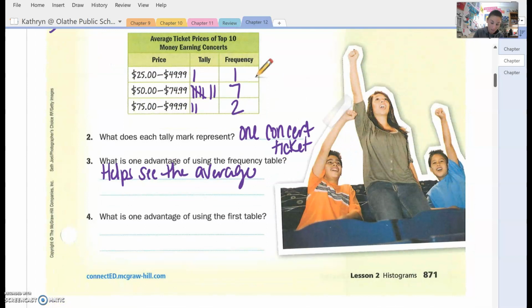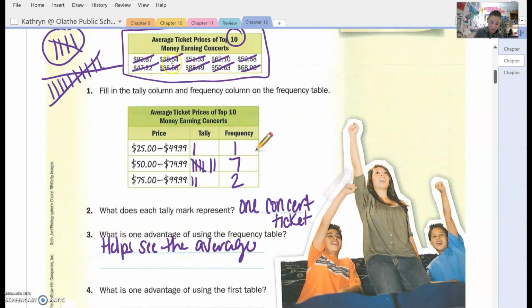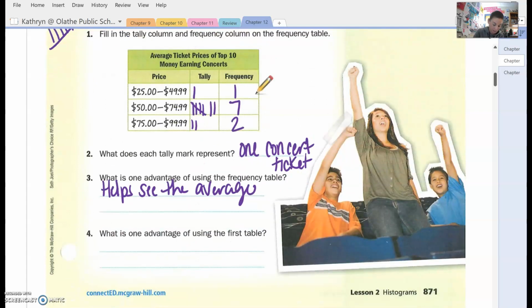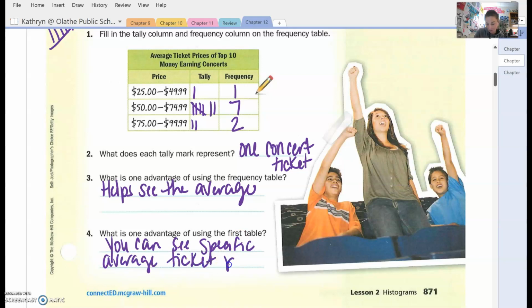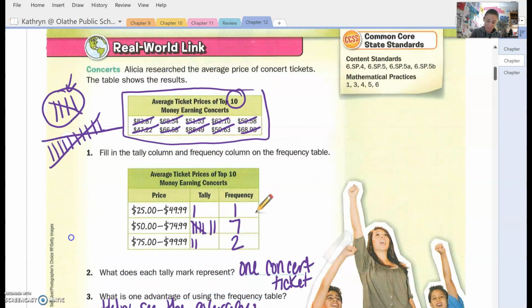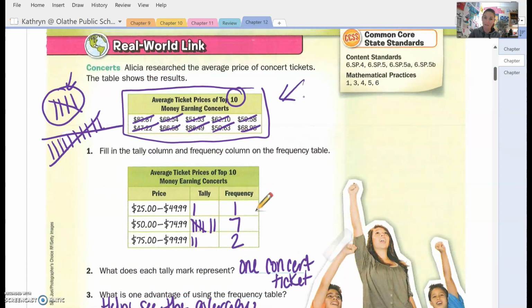Well, one advantage of using the table first is that you can see specific average ticket prices. So we can actually see the prices. Here we have a range, but then from this part, we can actually see the ticket prices.